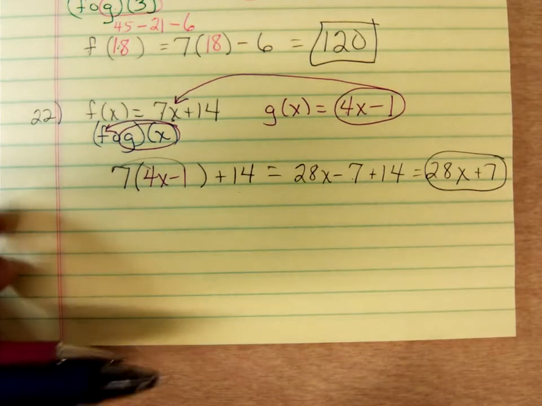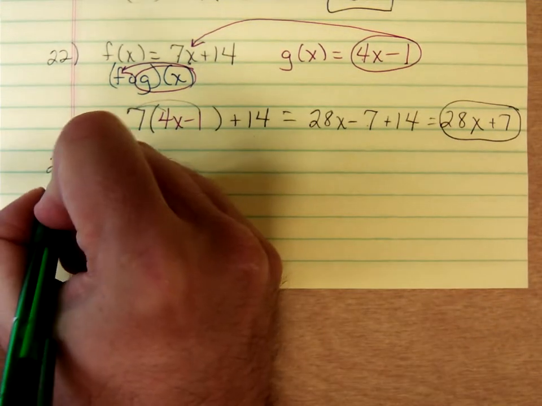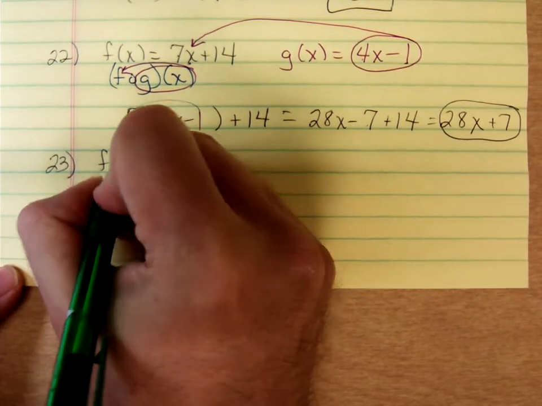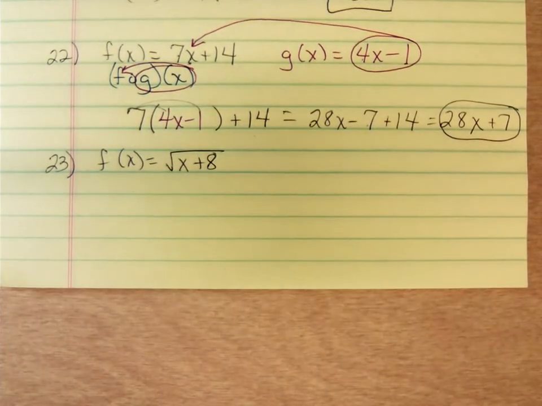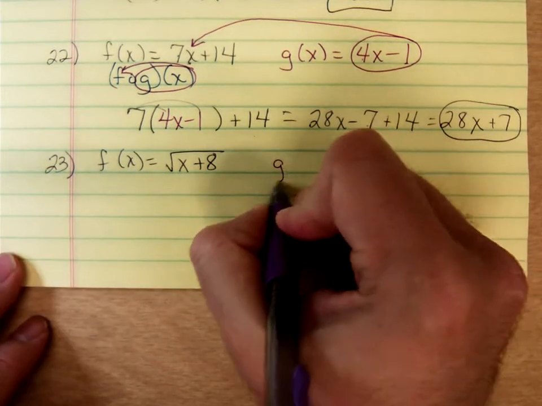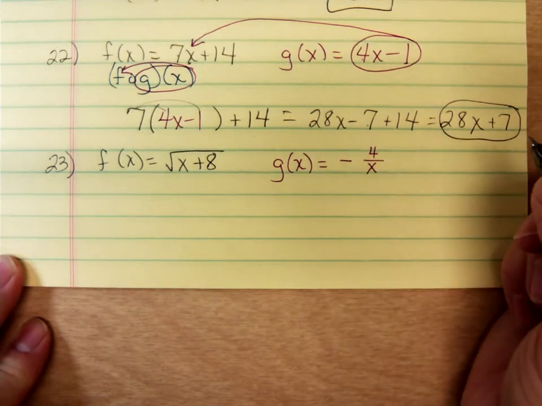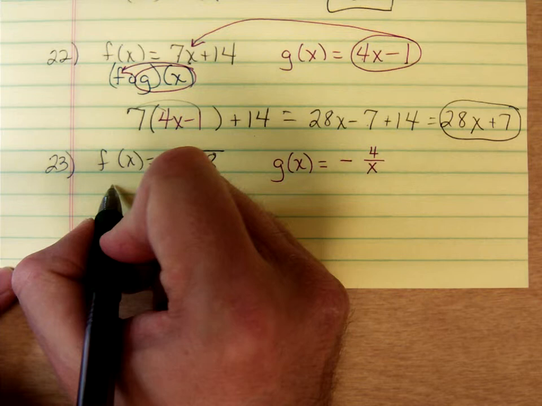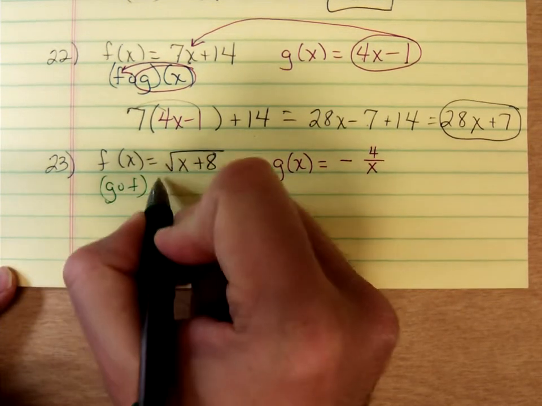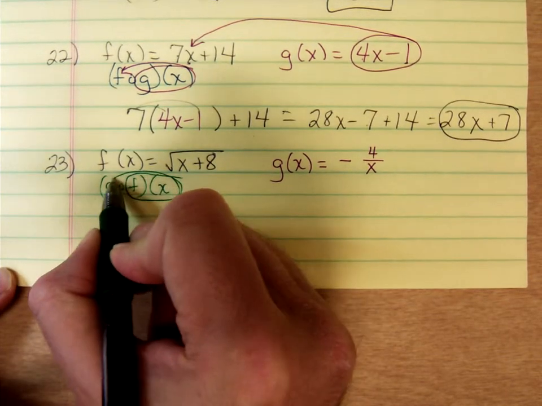Now 23. I wonder if I have room to do 23 right here. F of x is the square root of x plus 8. G of x is negative 4 over x. We're told to find g of f of x. Well, that means you're plugging f into g.